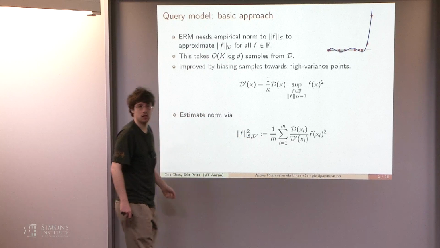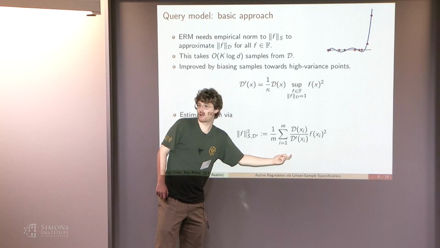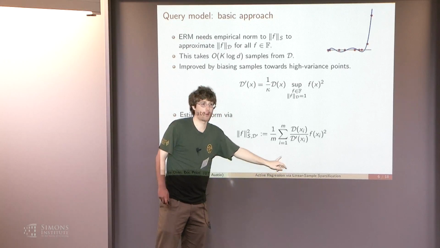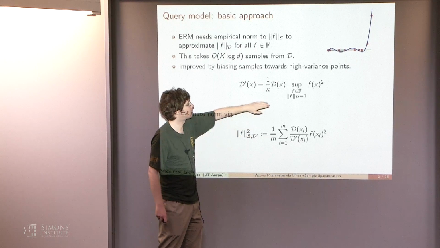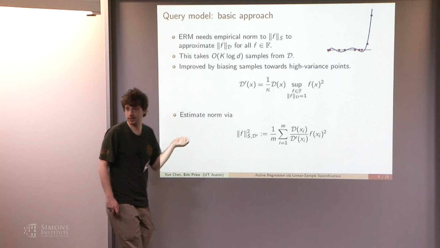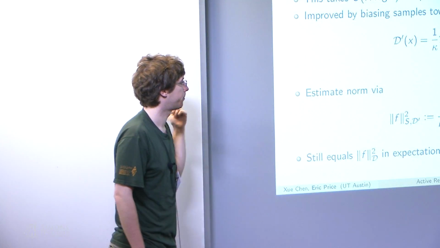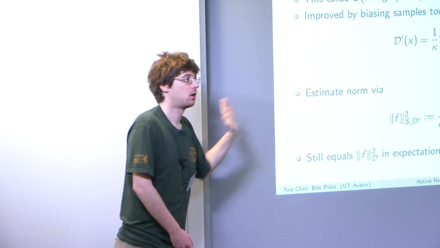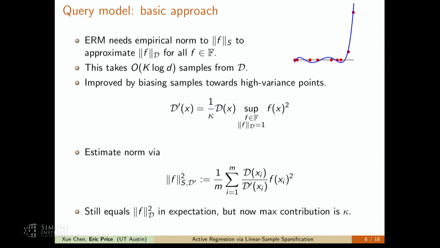So it's saying that the values that we're summing and taking the average of have gone from k to kappa. And so the number of samples you're going to take for this to converge is going to go from k, which was the supremum over x of the supremum over f, to kappa, which is the expectation over x of the supremum over f. So this is going to say that we can estimate the norm of functions with samples that are like kappa log d.